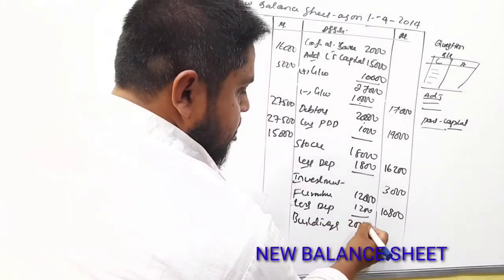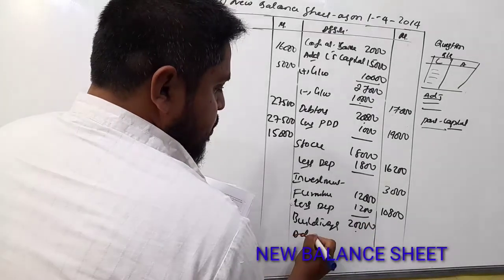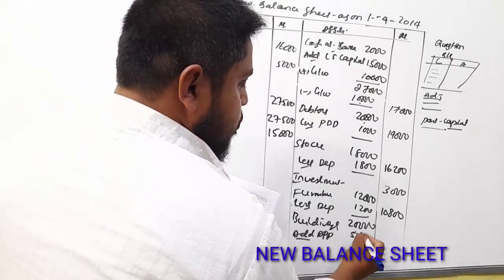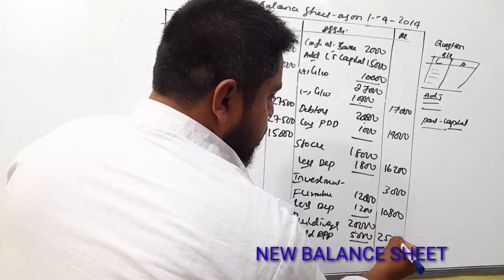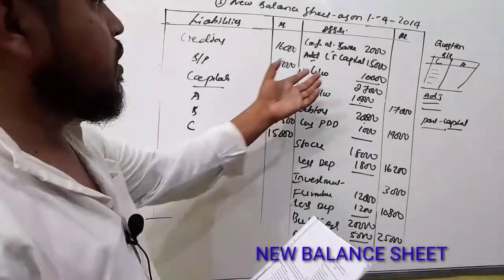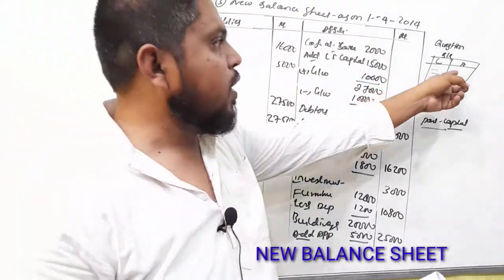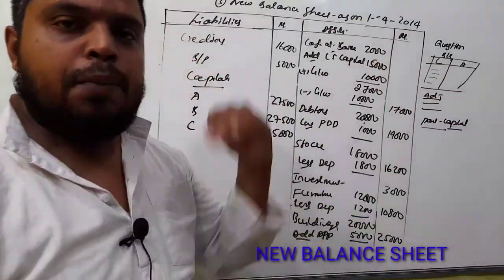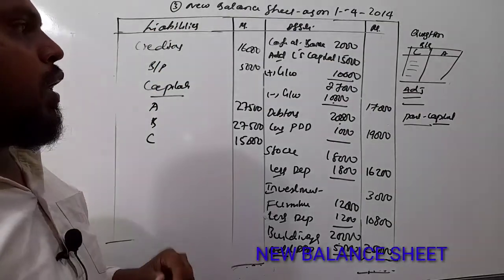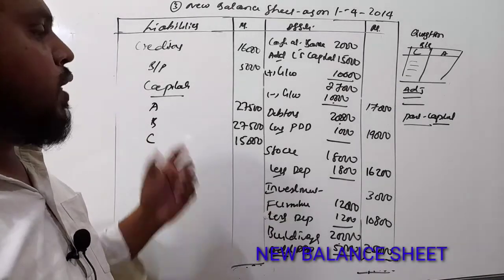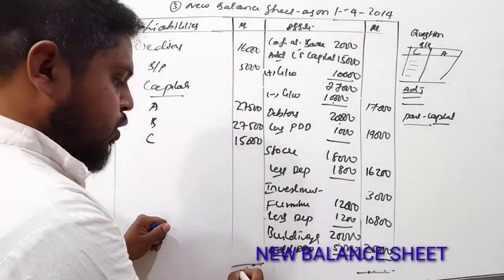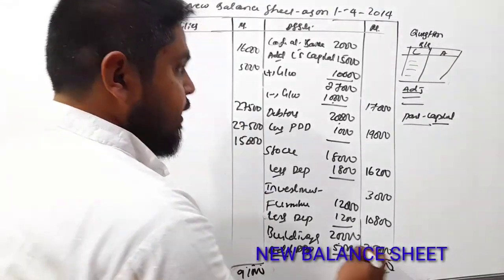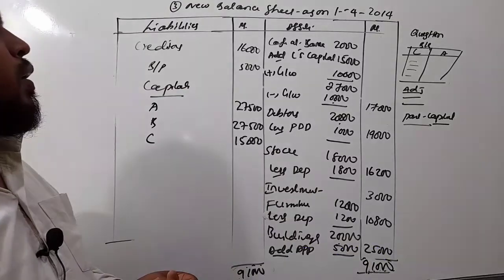So 20,000 add appreciation of 5,000, that is 25,000. Like this, the new balance sheet is prepared with the help of the old balance sheet along with the adjustments. Depreciation we have to minus, appreciation we have to add. Now after taking all the adjustments, find out the total. Liabilities 91,000 and assets 91,000. So this is the balance sheet.